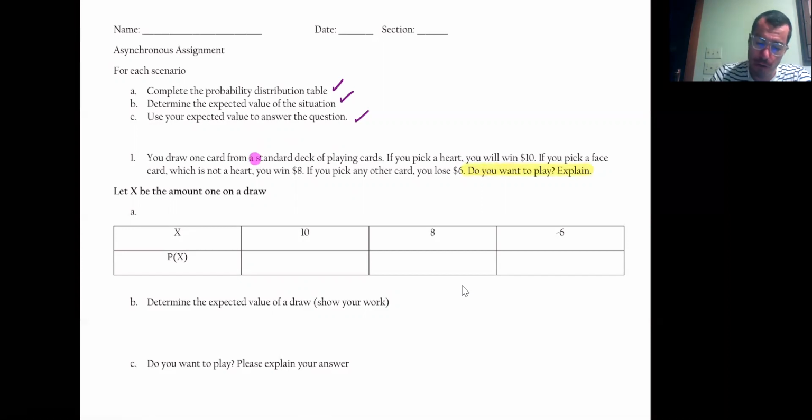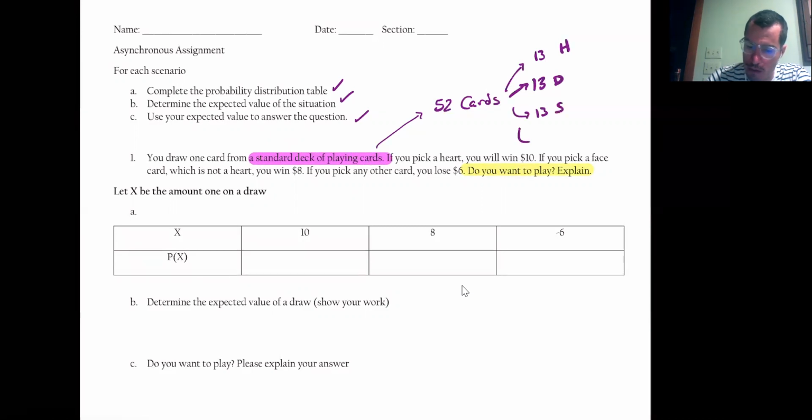Let's first focus on the fact that we have a standard deck of playing cards. Based on last class, we remember that there are 52 cards: 13 hearts, 13 diamonds, 13 spades, and 13 clubs. If I pick a heart, I win $10.